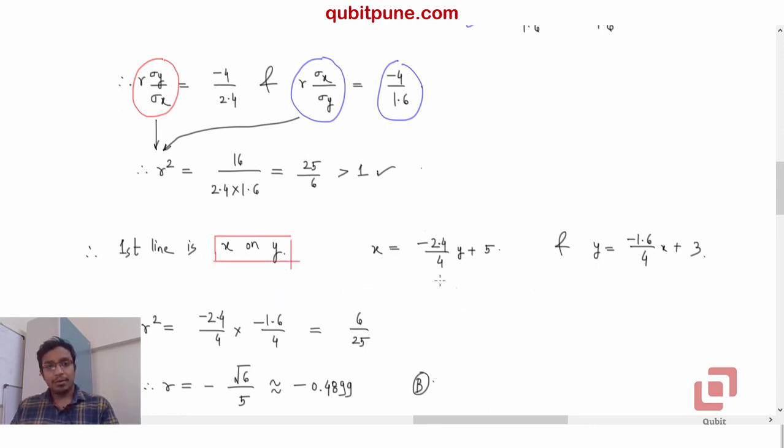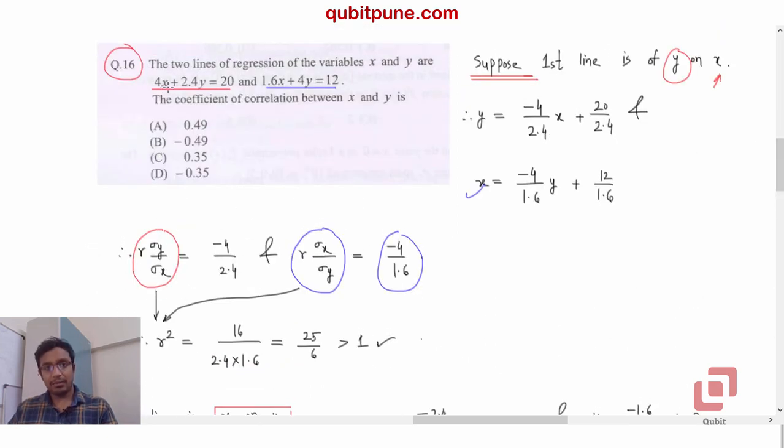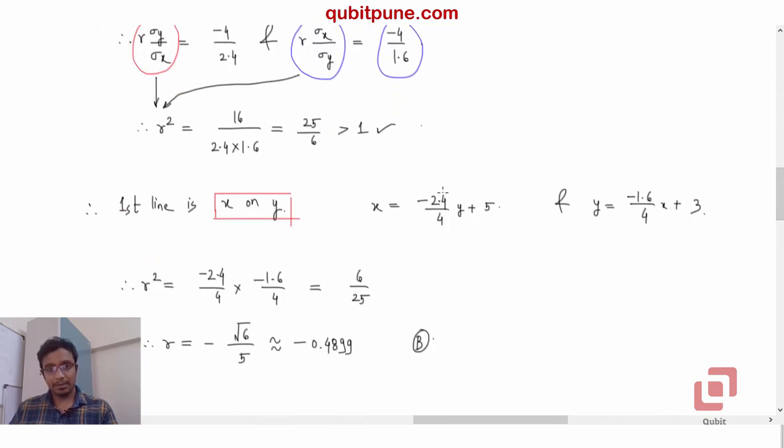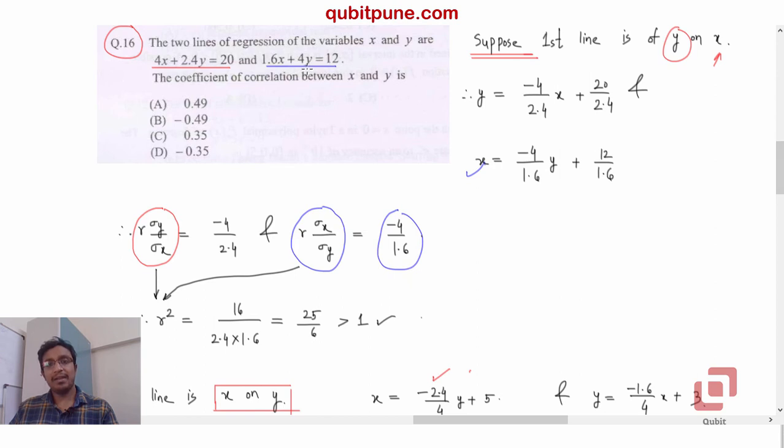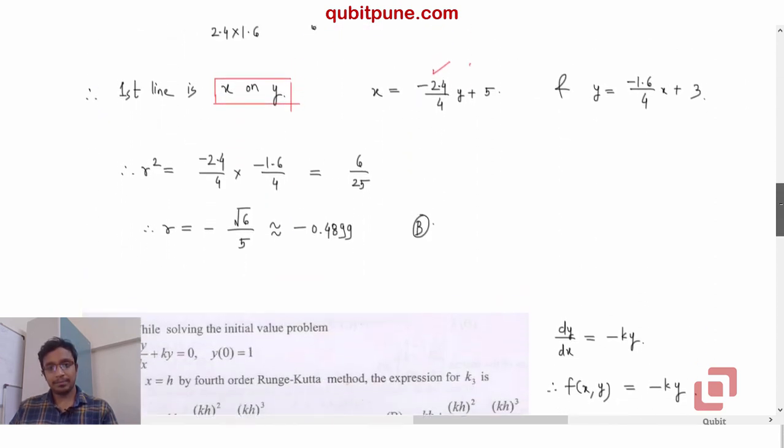So we have to now go back to the first equation and write x in terms of y, and you can now clearly see that the regression coefficient there will be negative 2.4 divided by 4, correct? And for y it's the second line, so in that case it will be negative 1.6 upon 4, right?